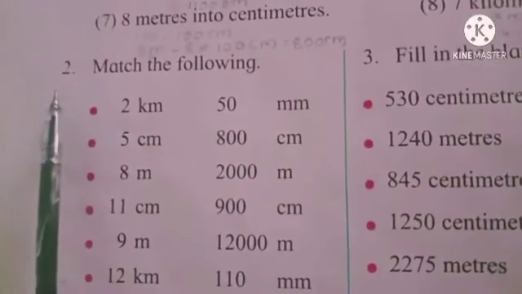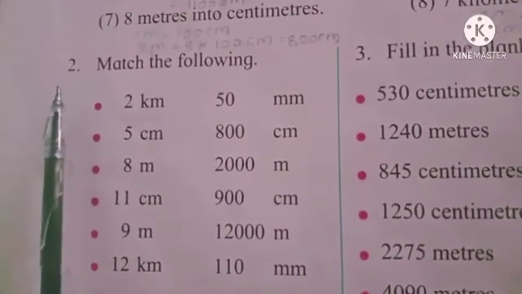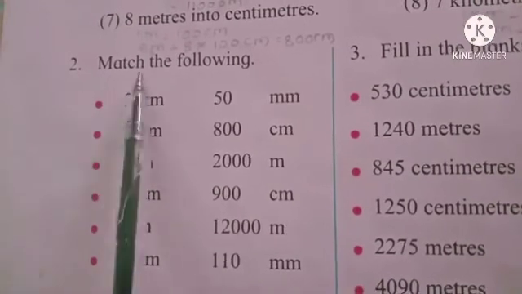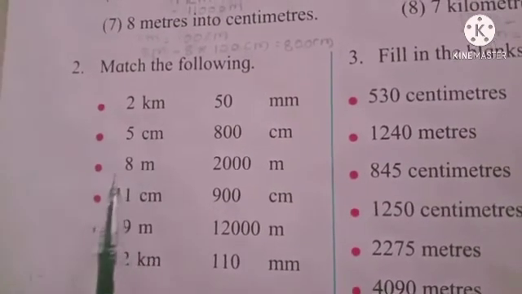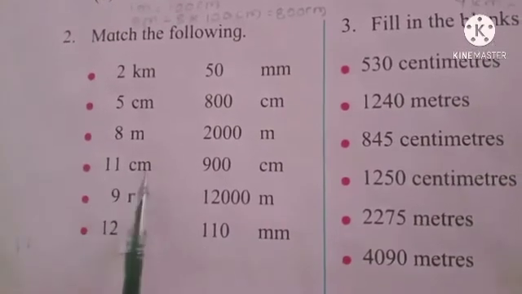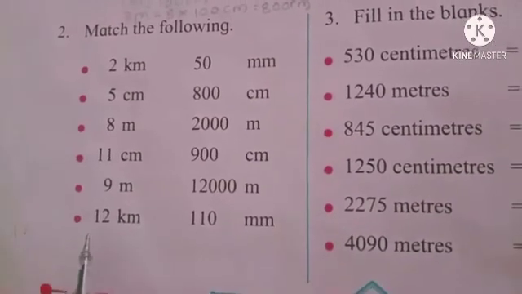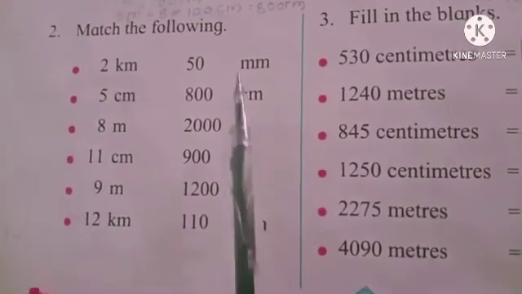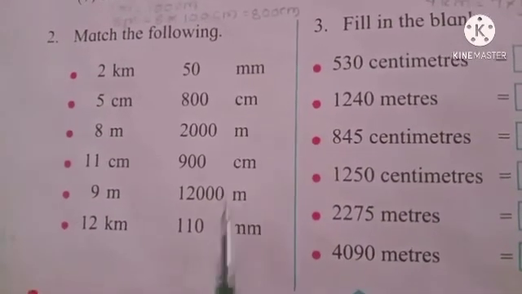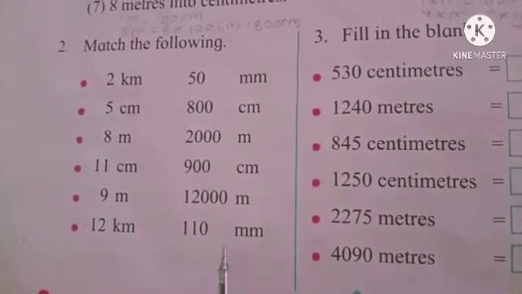Going to see the second question of the exercise on page number 64, match the following. So you see here given 2 kilometers, 5 centimeters, 8 meters, 11 centimeters, 9 meters and 12 kilometers. We assume that this is column A and this is column B. So in column B the conversion is given.